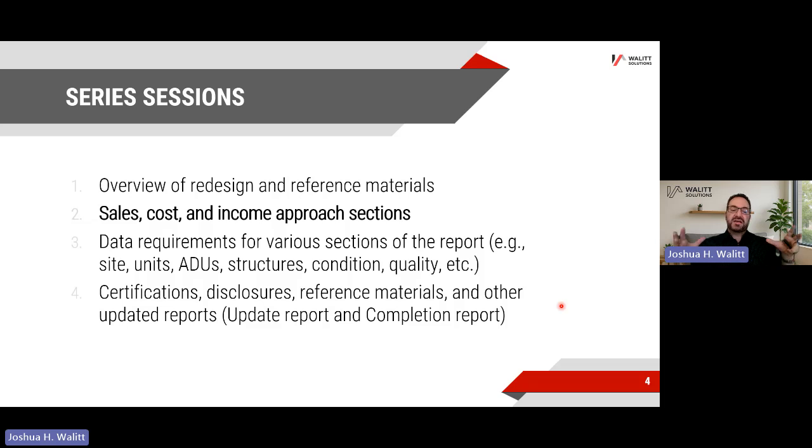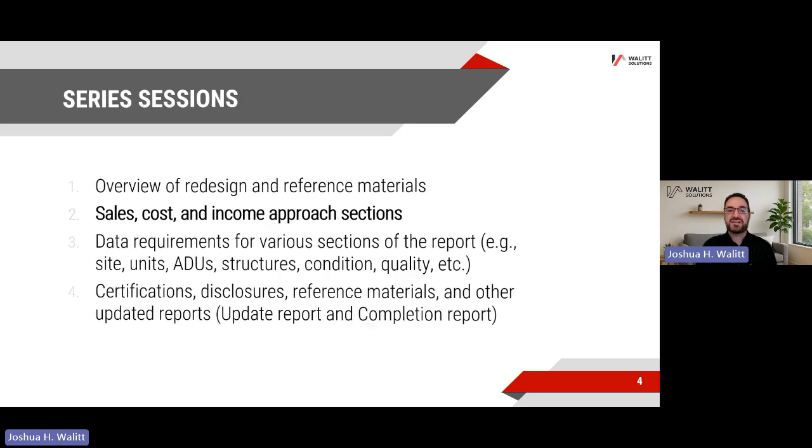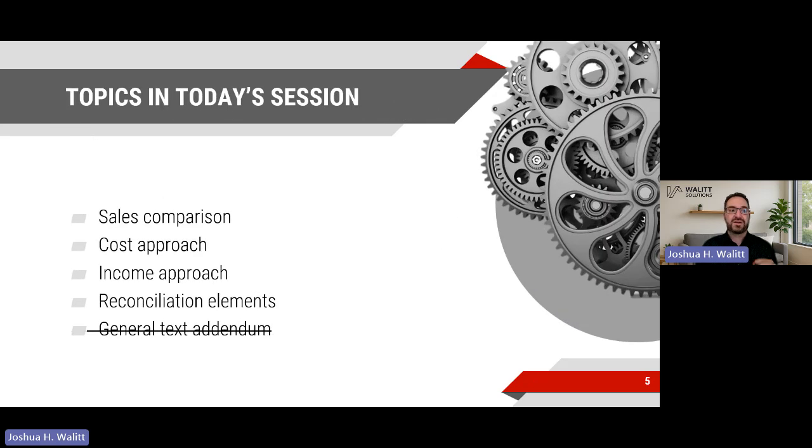We'll take a final look at those reference materials, and then touch on the update report and the completion report, because what we're mainly focusing on in this series is the new URAR. So today, again, we'll take a look at sales comparison, cost, and income. We will also take a look at the reconciliation. You'll notice we're not going to look at the general text addenda, because there is no general text addendum.